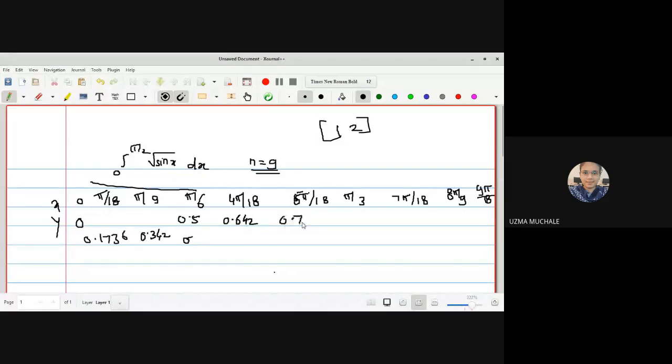Next 0.766. 0.866. Next is 0.939. For this one, 0.984. And for the last one, we know for pi by 2 it is 1.